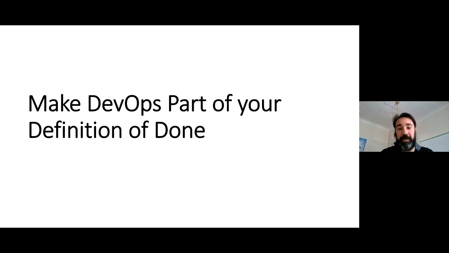A story is not done until the DevOps part is done. And that includes anything to do with quality control, anything to do with automation, anything to do with releases as well. Just make sure you do it as you do your work, as opposed to an afterthought. Otherwise, it will be too difficult to implement, and it will be done in a rush where you might not get the best out of DevOps.